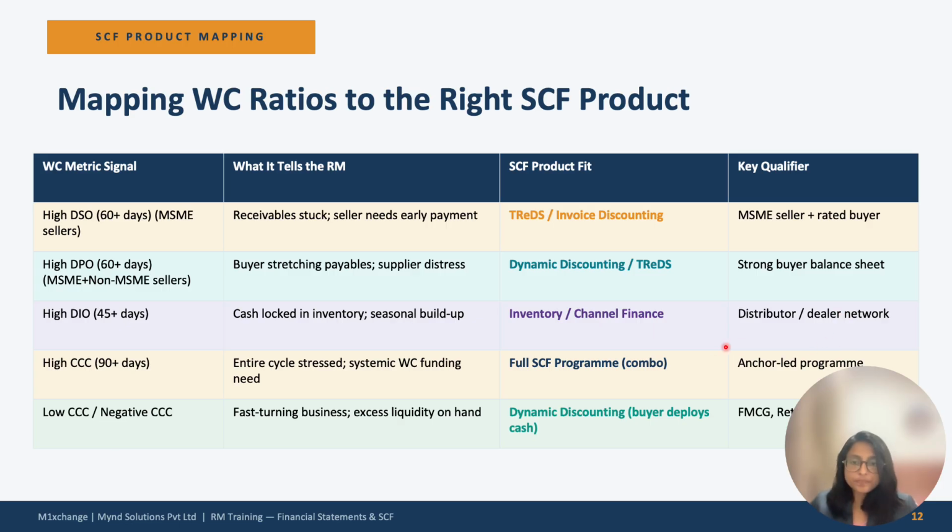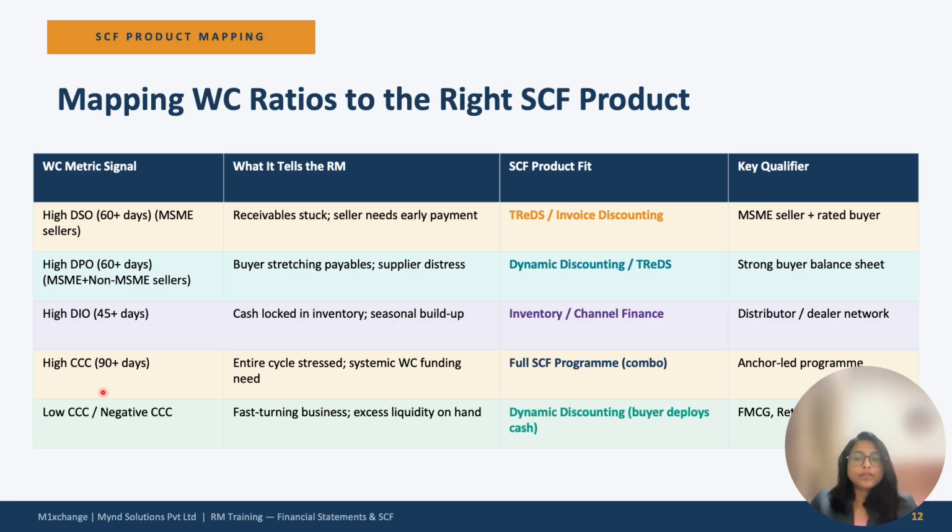Now when we combine all these three parameters which I discussed in my previous video, we get the cash conversion cycle. So what was the formula? It was days sales outstanding, DSO, plus days inventory outstanding, DIO, minus days payable outstanding, DPO, and we get the CCC, which is your cash conversion cycle.